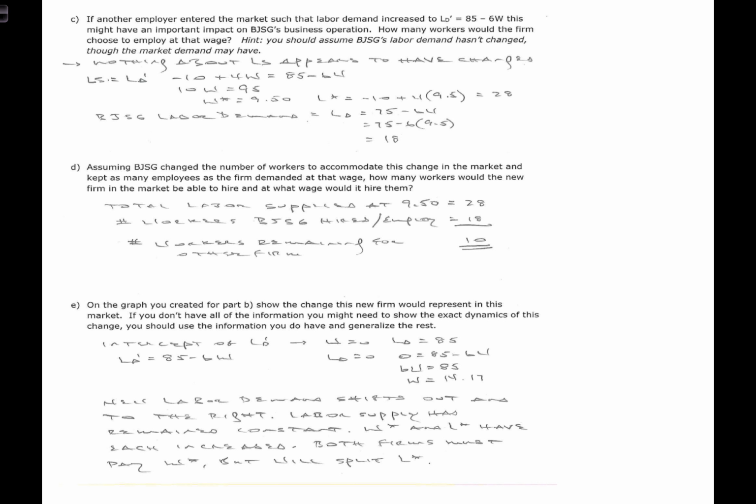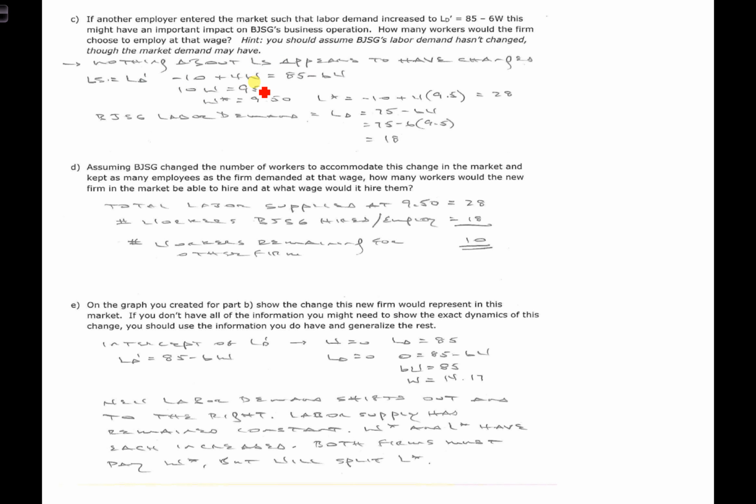So I'm going to equilibrate, or set equal to one another, the original labor supply equation of negative 10 plus 4W. The supply of labor in this market hasn't changed, just the demand has. And I'm going to set that equal to 85 minus 6W, the new labor demand equation. It's going to yield then, as I work it through, a W star of 9.5.